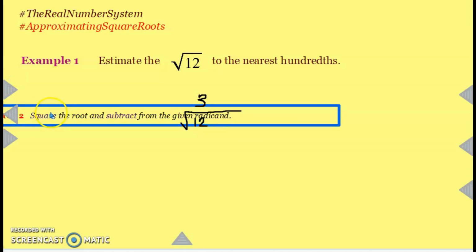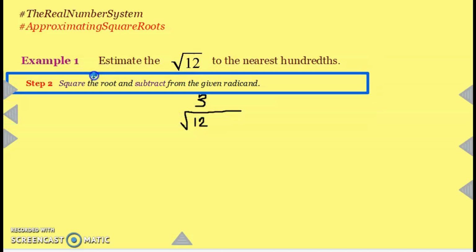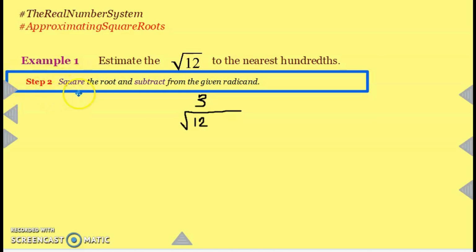Then what's next? Okay, let's see. Sabi sa step 2, we square the root, and that is 3 here, and subtract from the given radicand. So when we square 3, we'll get a 9. We subtract it. Okay, ano magiging sagot? It's a 3. Okay, so balik ulit natin yan.